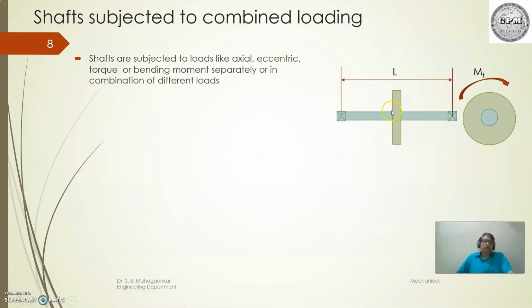The pulley has a weight and it has the tensions T1 and T2. If it is rotating in this direction, T1 is the tight side and T2 is the slack side. If WB is the weight of the pulley, then the total downward load is T1 plus T2 plus the weight of the pulley.